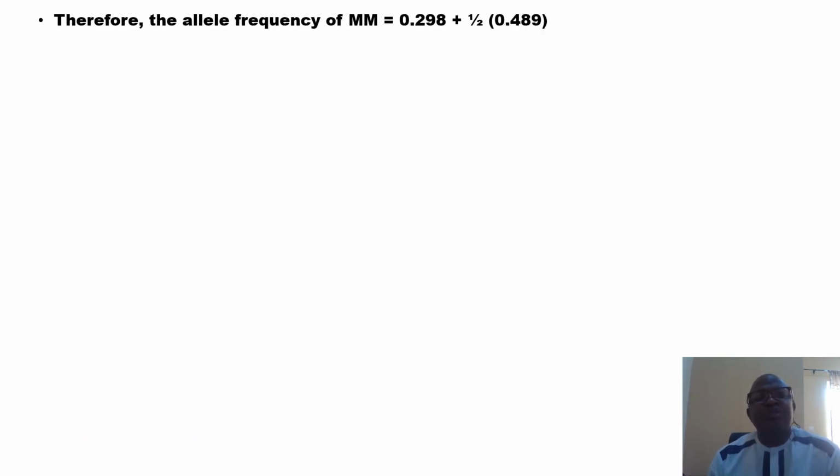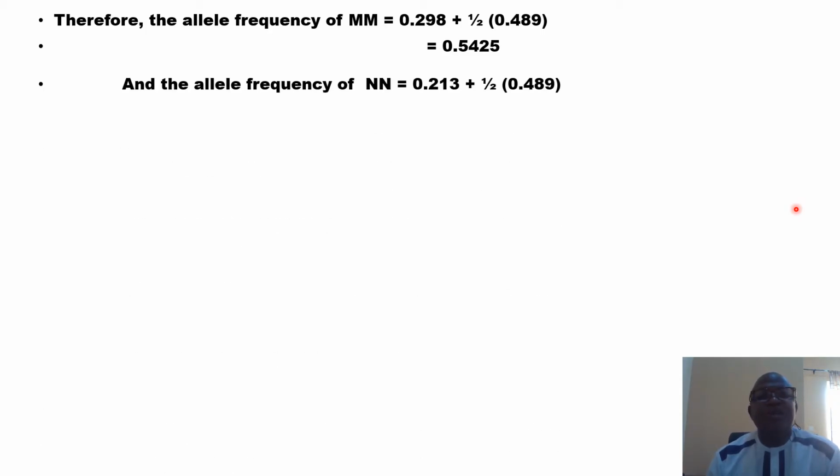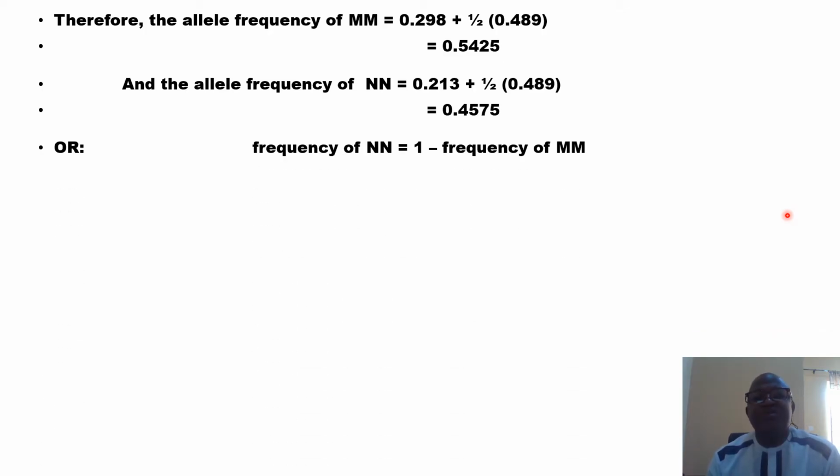So if we go ahead and calculate the allele frequency of M, it will be 0.298 plus half of 0.489. And if you do that, you get 0.5425. To obtain the allele frequency of N, it is 0.213 plus half of 0.489, and if you do that, you get 0.4575.